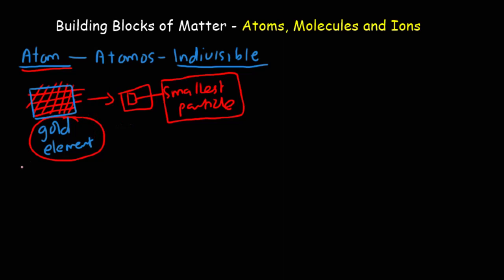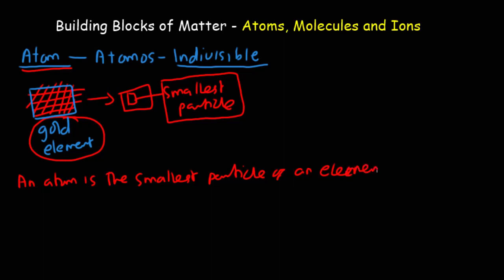So what then is an atom? An atom is defined as the smallest particle of an element, which undergoes chemical reaction.